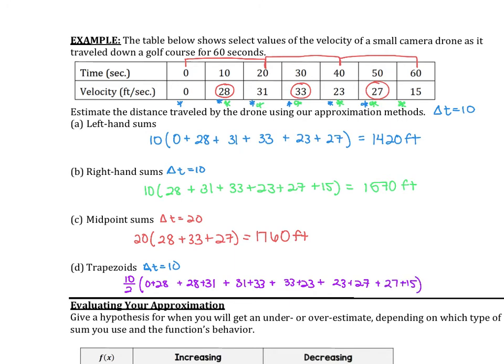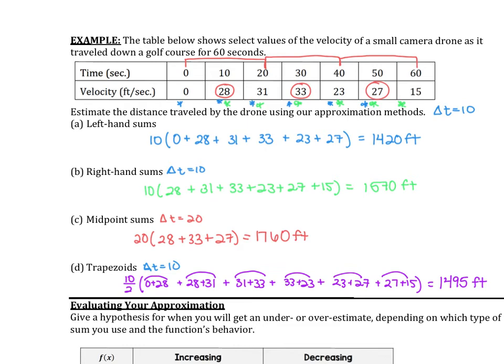So this would be all of my trapezoids. This would be trapezoid 1, trapezoid 2, trapezoid 3, 4, 5, 6, where each of them are multiplied by the base and the height. And so if I do those calculations, I get 1495 feet.